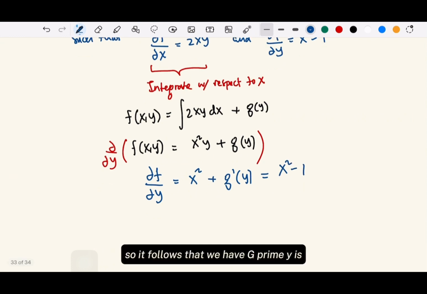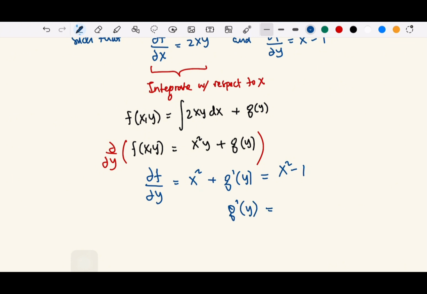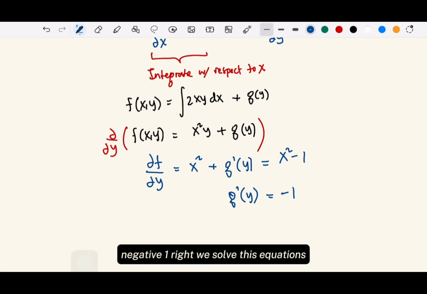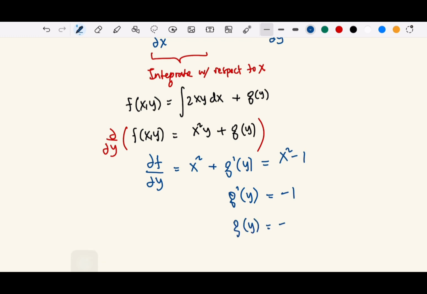So it follows that we have g prime y is -1, right? We solve this equation, which means that perhaps this g of y is just -y.